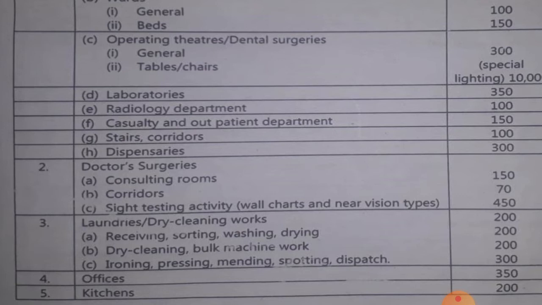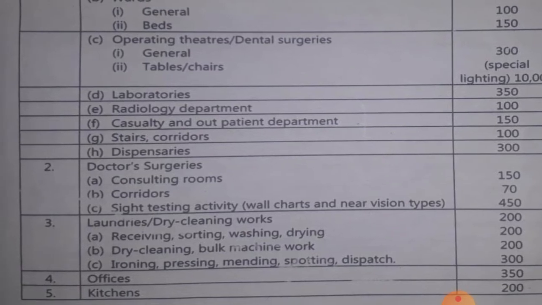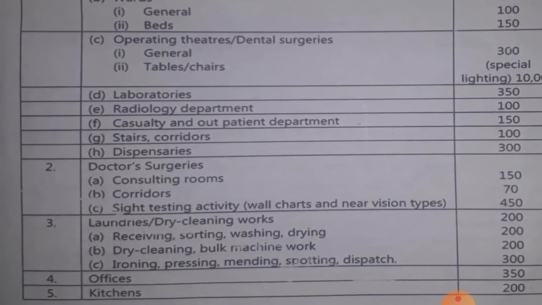A hospital also has various sections such as laundry department, kitchen, and offices, and for those, lux levels are given. For laundry or dry cleaning works, receiving, sorting, washing or drying, 200 lux is required. For the dry cleaning bulk machine work, also 200 lux is recommended.